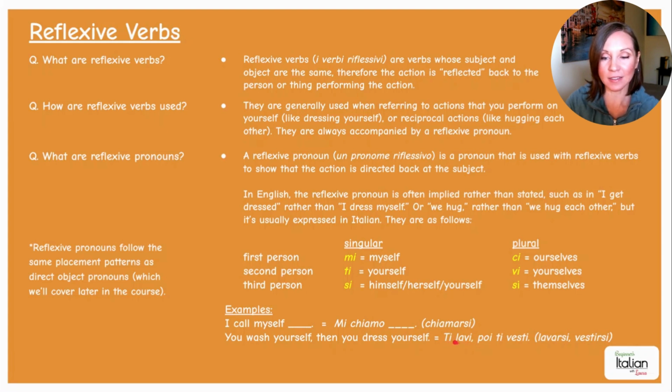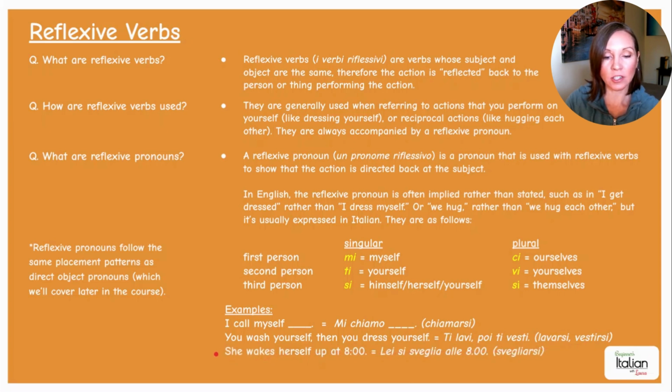These are both the second person singular. And then I also have the verb vestirsi. So we have poi, then ti vesti. Again, it goes before the conjugated verb in the second person singular. And you can tell that these are reflexive verbs because they end in si.